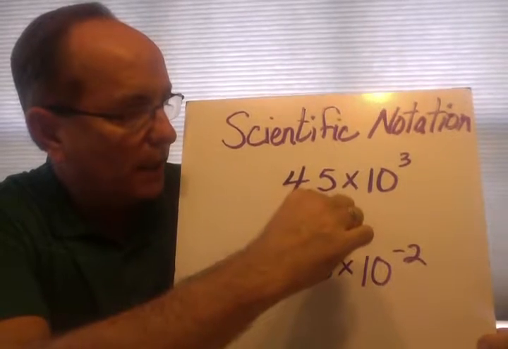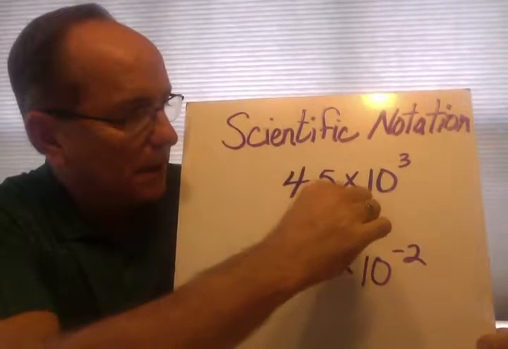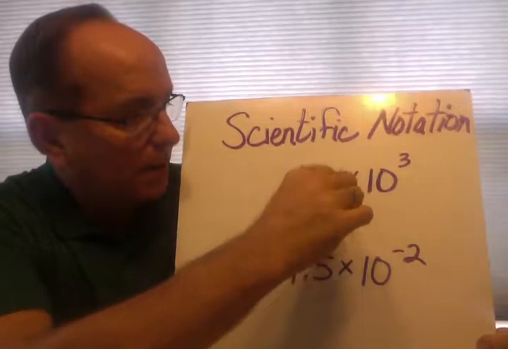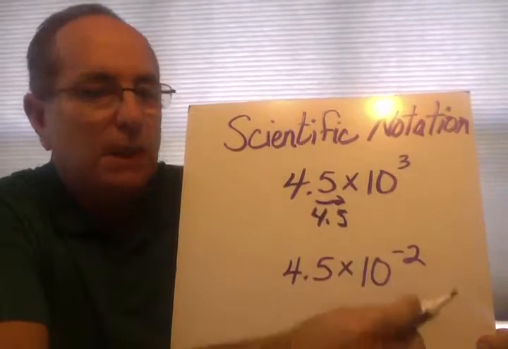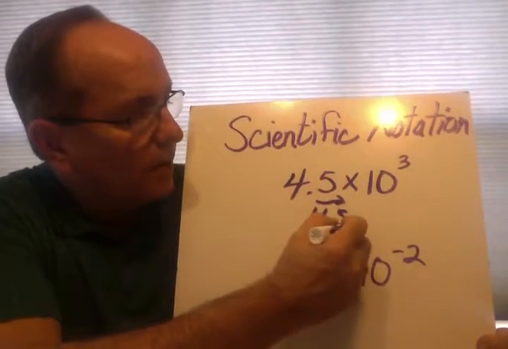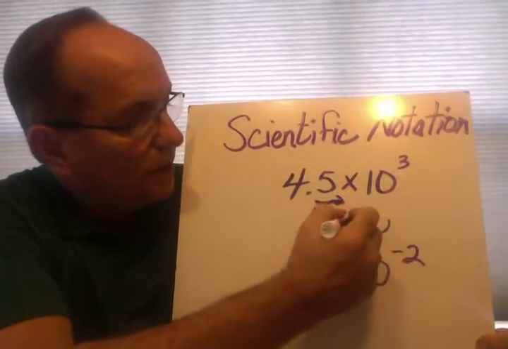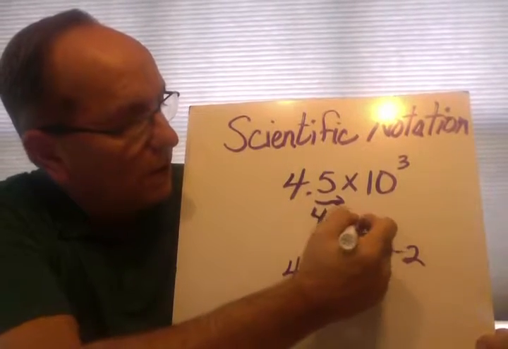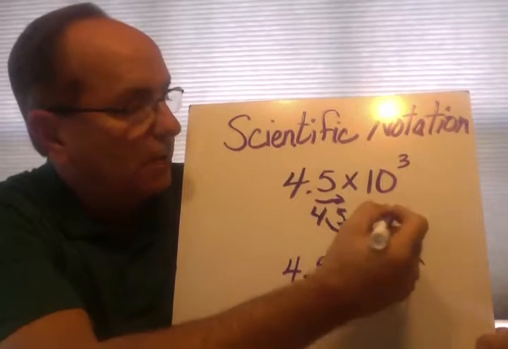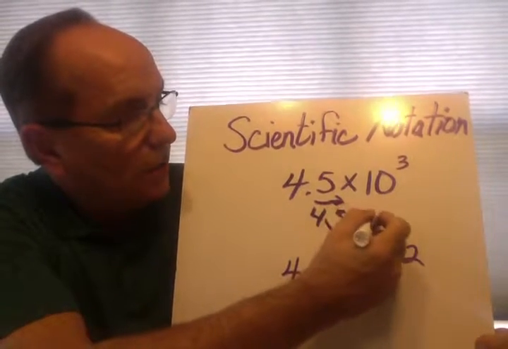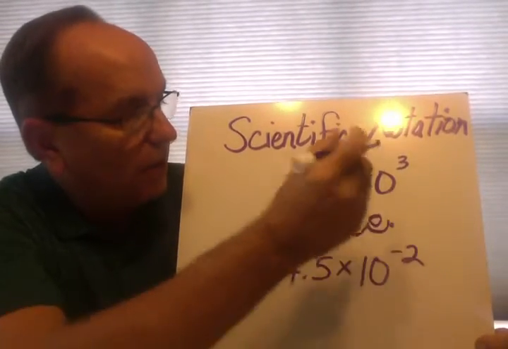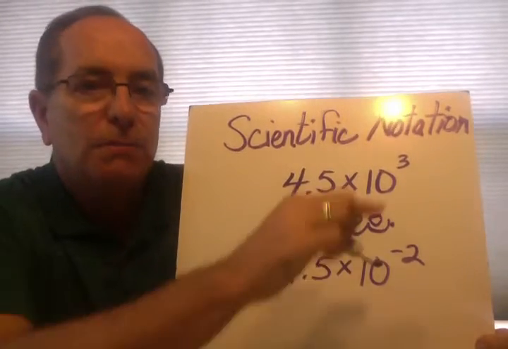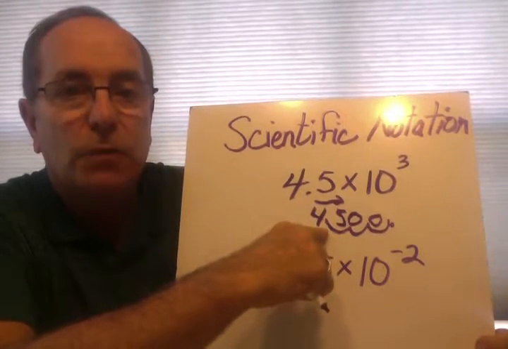So in my work, I'm going to head right because of the positive 3, and I'm going to move it 3 places. Why I do the loops is because those are place values that need to be filled in with zeros. So when I do that, I have now moved my decimal 3 places from the original spot of 4.5.